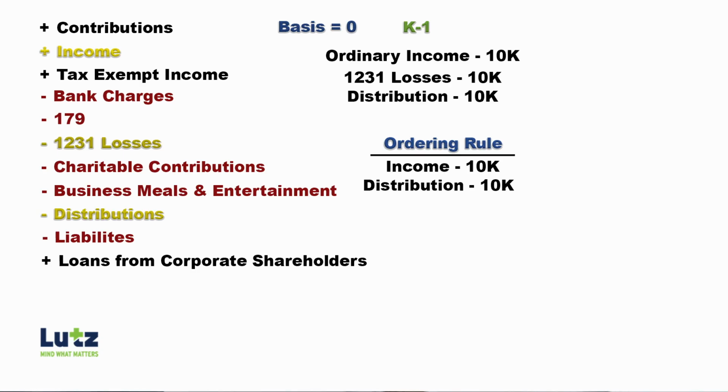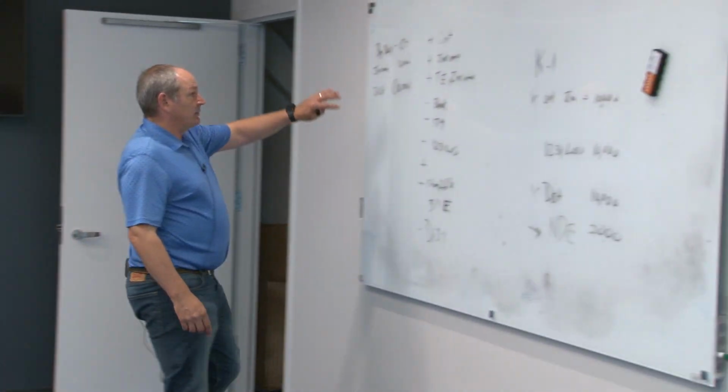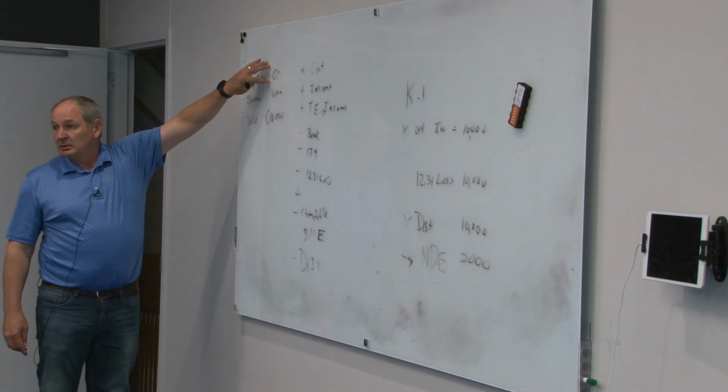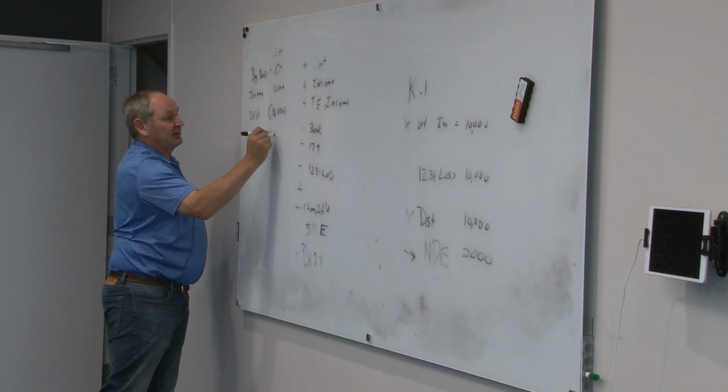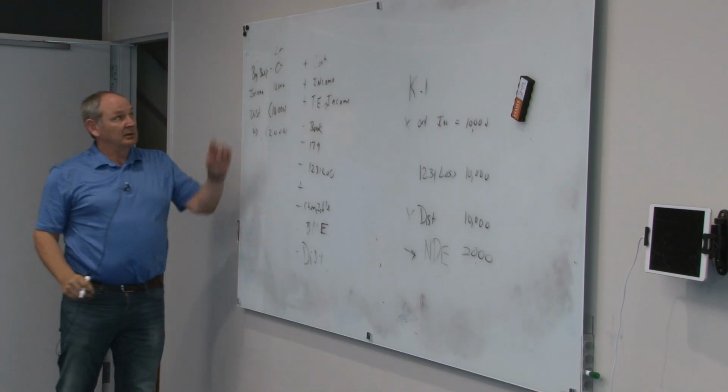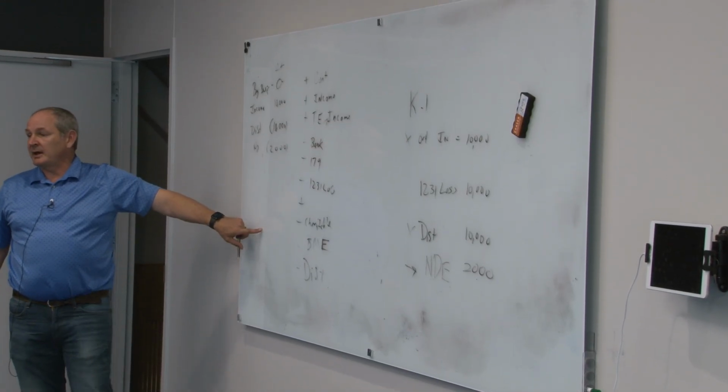Because to Jack's point, I started at 0, basis went up by 10, down by 10, I'm at 0 basis. I can't drive basis negative by virtue of a non-deductible expense. Now that non-deductible expense is ordinarily a hit to basis, and if I change the facts to say my beginning basis was 2,000, then I'd have enough basis for that non-deductible to take it to 0. But that wasn't my fact pattern.